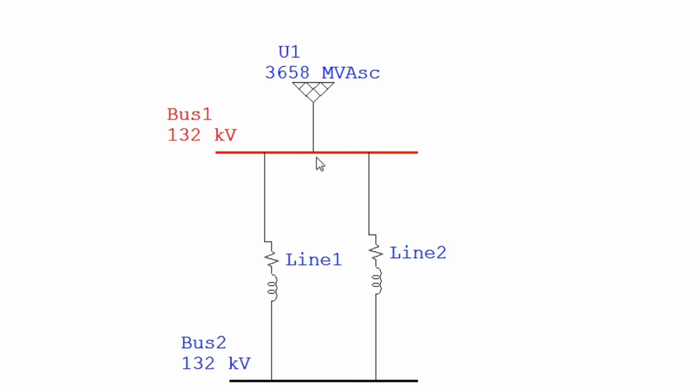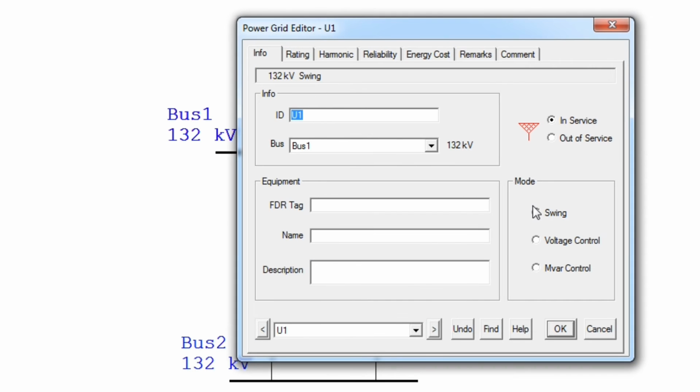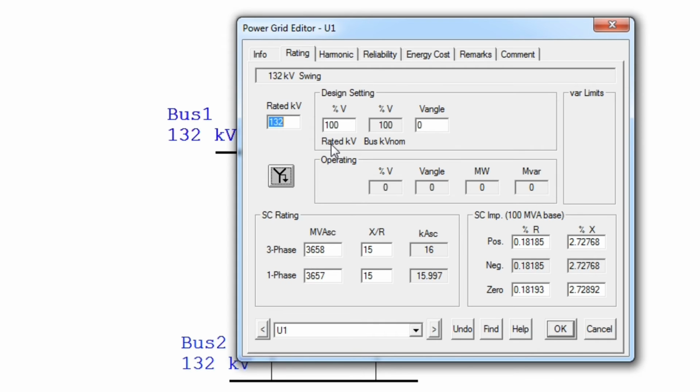Now the same configuration has been drawn in ETAP. Between bus 1 and bus 2 there exists one double circuit line, and the bus 1 fault level is 16 kiloampere. Here it is considered as the swing bus, with rating 132 kV, and the three-phase fault current is 16 kiloampere, or in terms of MVA it is 3658 MVA.